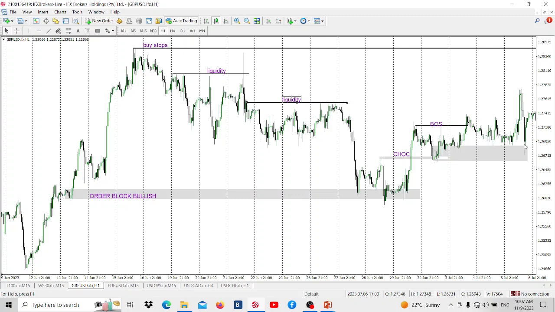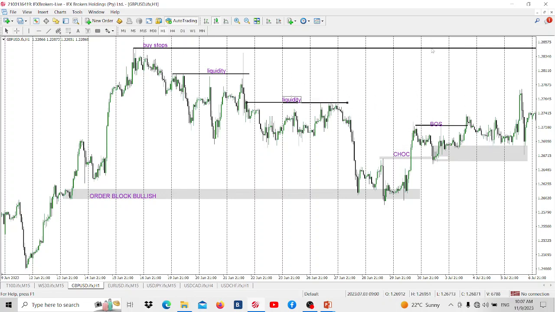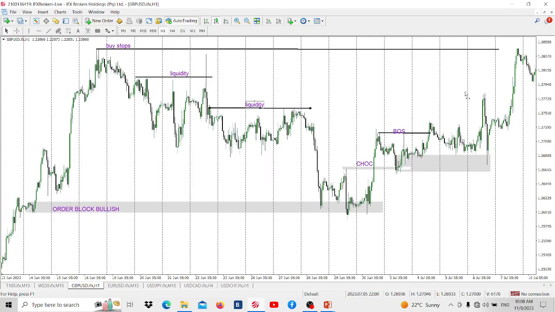We have to be very specific for us to profit long term in the market, because we can clearly see that from the order block to our first target here gave us a 120 pip movement. Then to the upside is a 160 pip movement. Let's see how it moves.